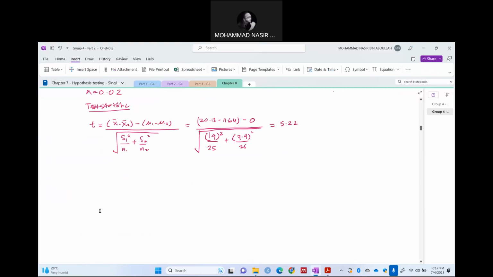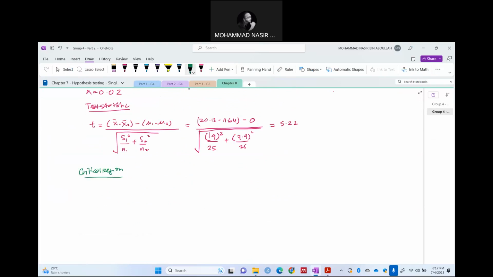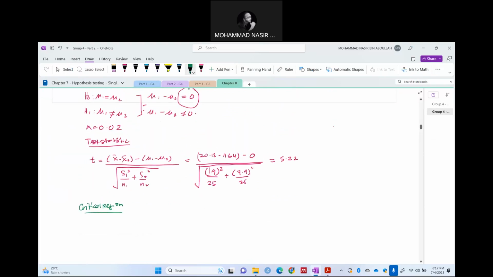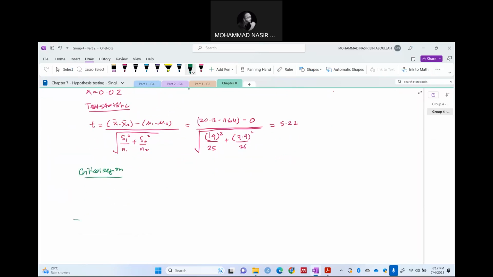Next, once you have calculated the test statistic, we need to find the critical region. Based on the alternative hypothesis, it should be a two-sided, two-tailed test, so we have two rejection regions, one on the right-hand side and another on the left-hand side.